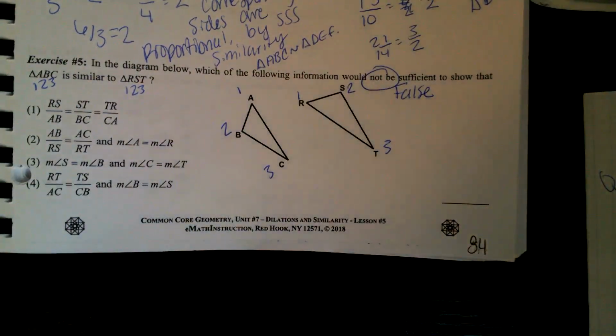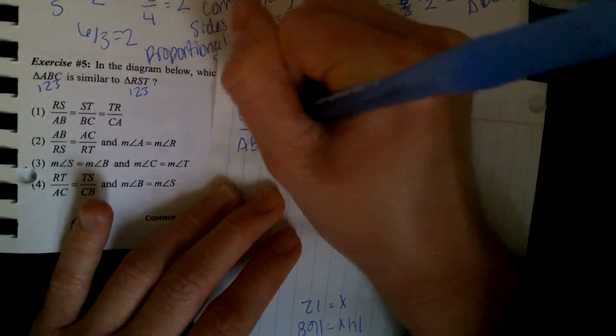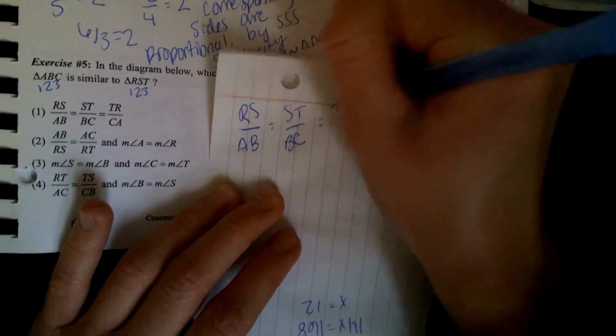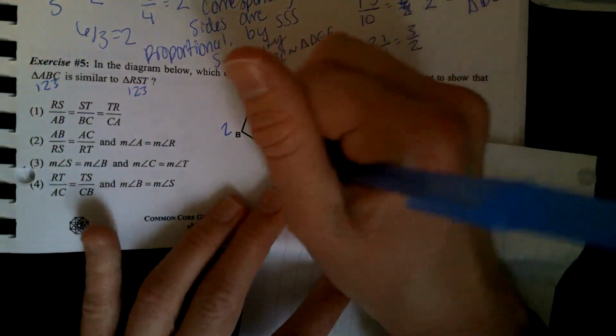All right. So let's take a look at one. RS over AB is equal to ST over BC is equal to TR over CA. Well, let's look at that more closely. Do these match up? RS is 1, 2.